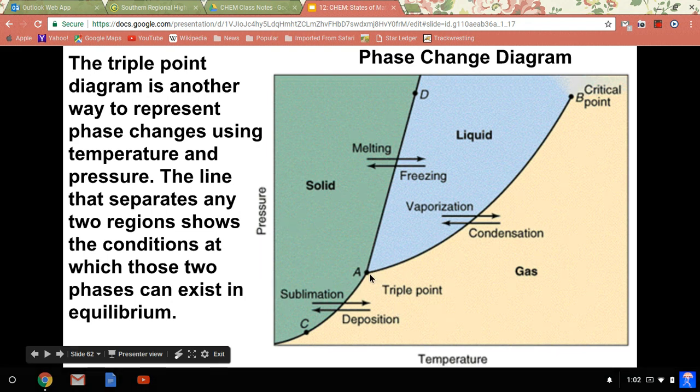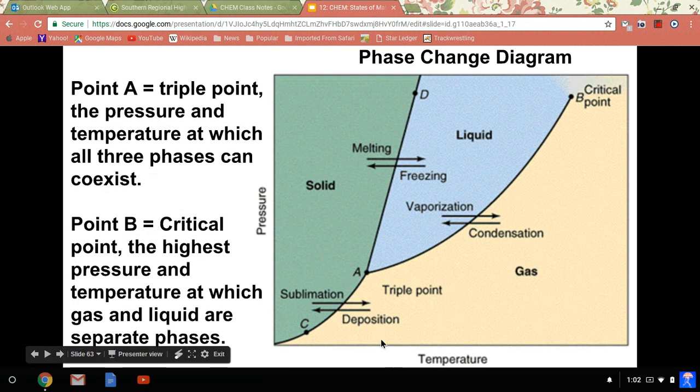Right here is a special point called the triple point. A triple point is where a gas, a liquid, and a solid phase of a substance can all exist at once. It's a very special temperature and pressure of that substance. So triple point, the pressure and temperature at which all three phases can coexist.